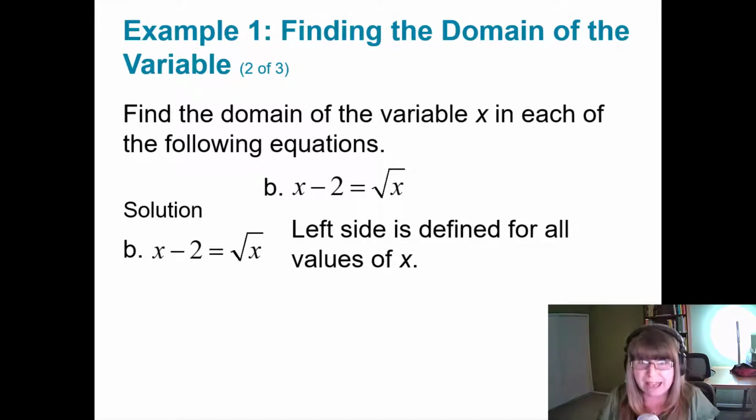What values of x make that value inside the radical negative? Well, all negative numbers. So x equals -1, yeah, that's negative, problematic. x equals -10, yeah, problematic. x equals 0, oh, hey, that's okay.